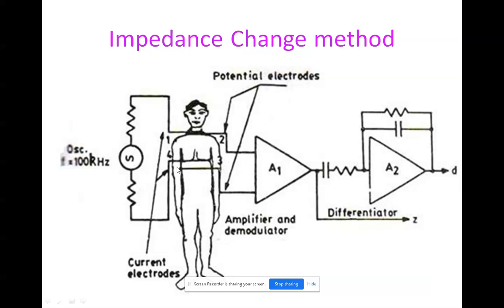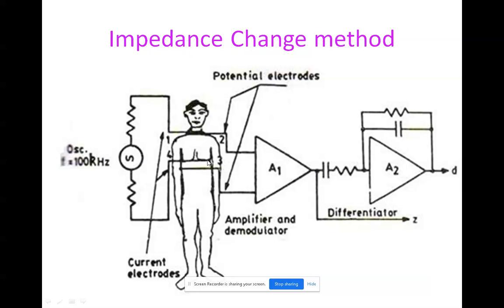These four electrodes are placed on the surface of the human body and connected to electronic components: an oscillator, two resistors, and an amplifier. The entire circuit with the op-amp is called a differentiator. A1 is the amplifier as well as demodulator.